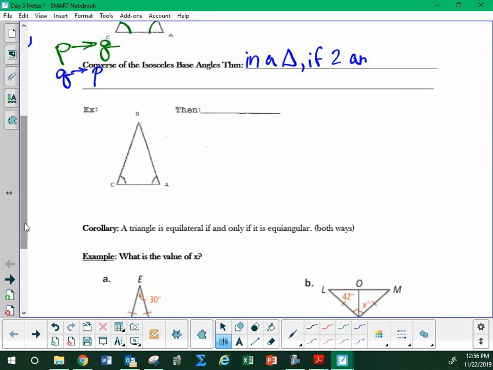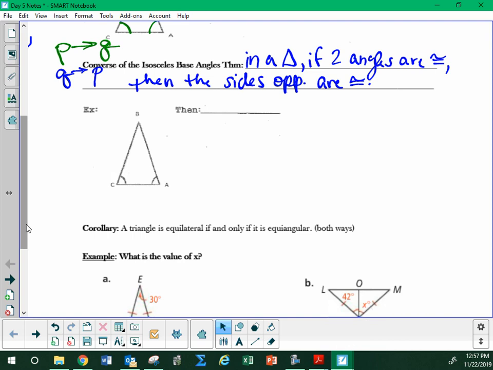So in a triangle, if two angles are congruent, then the sides opposite are congruent.